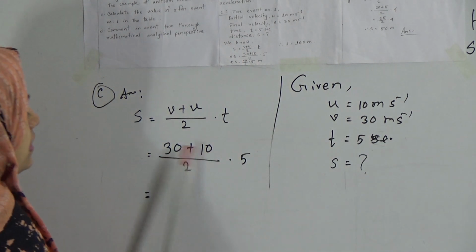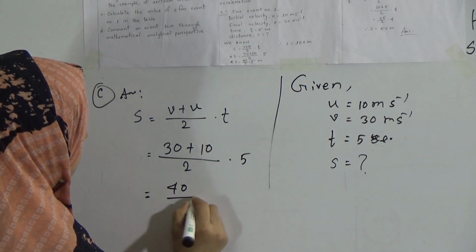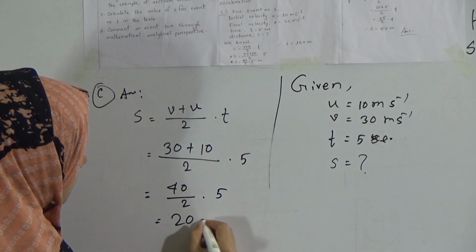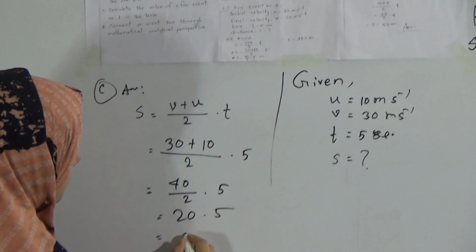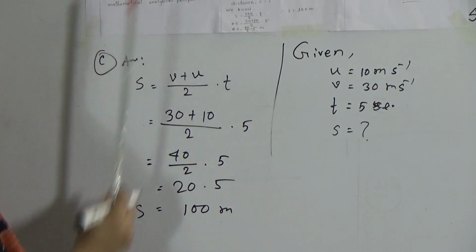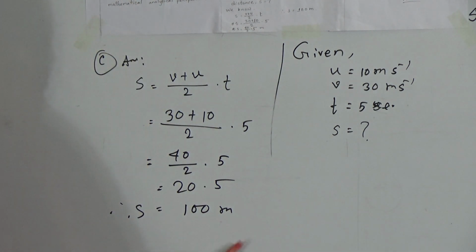So 30 plus 10 is 40, divided by 2 is 20, into 5, that means 100. So for event number 1, distance is 100 meters.